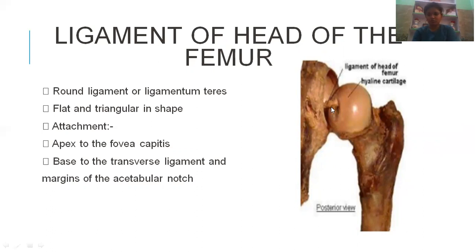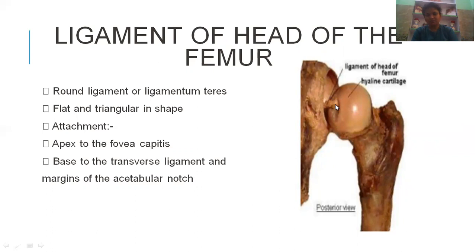So what is the shape of this ligament? It is flat and triangular in shape. And the attachment: the apex is attached to the fovea capitis. This is the fovea capitis, an ovoid depression of the head of the femur.